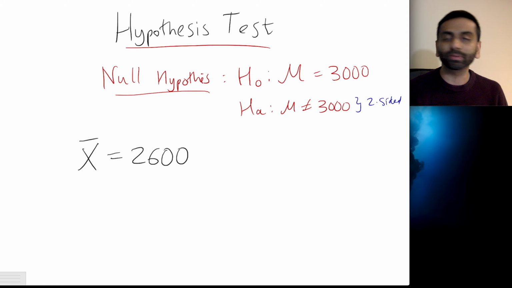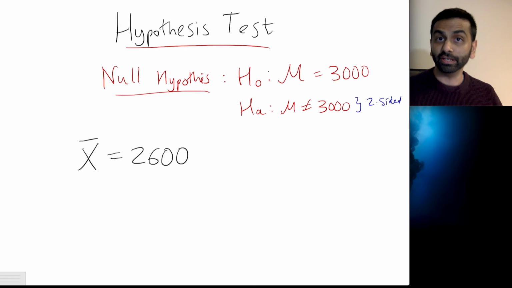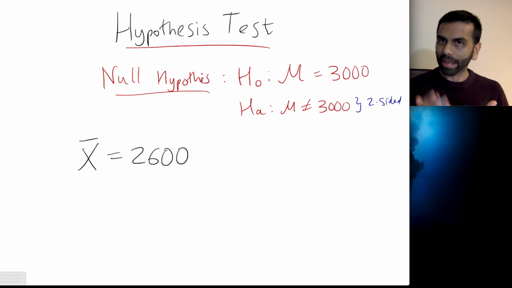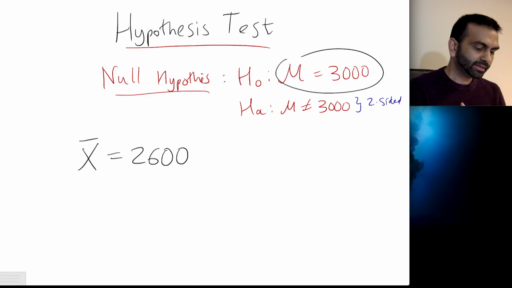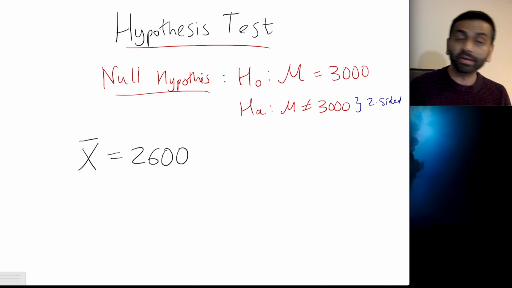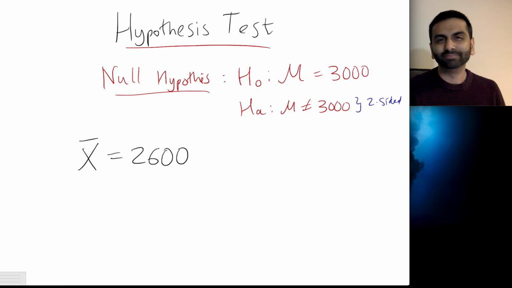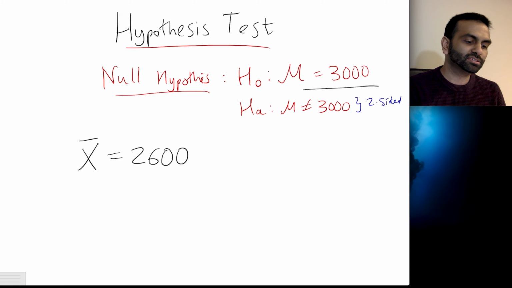And that's where we use test statistics. Essentially, we're saying, how many standard errors away from this mean is this sample? And if it's far enough away, then we don't really believe that this is the true mean, right?